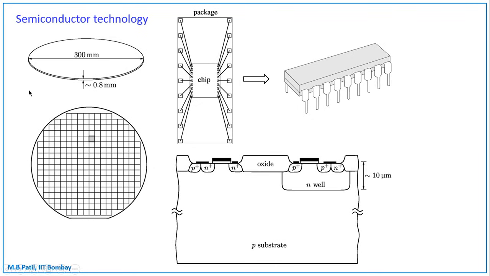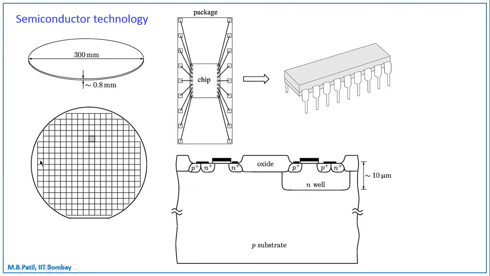The starting point is a silicon wafer, and its diameter is something like 30 centimeters or 1 foot, which is pretty large, and it is relatively thin. Its thickness is less than 1 millimeter.